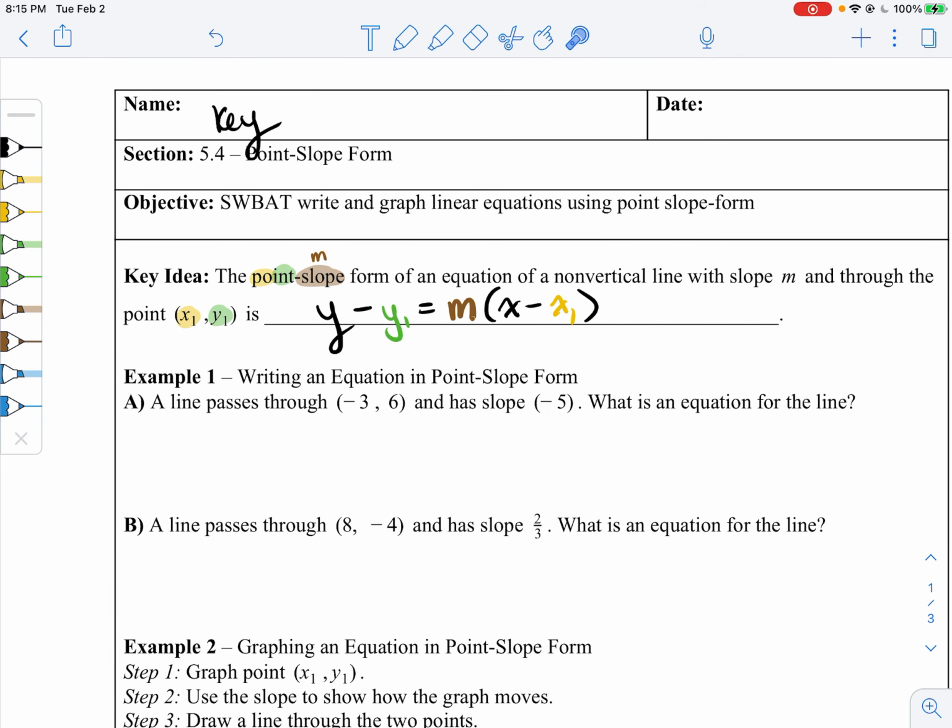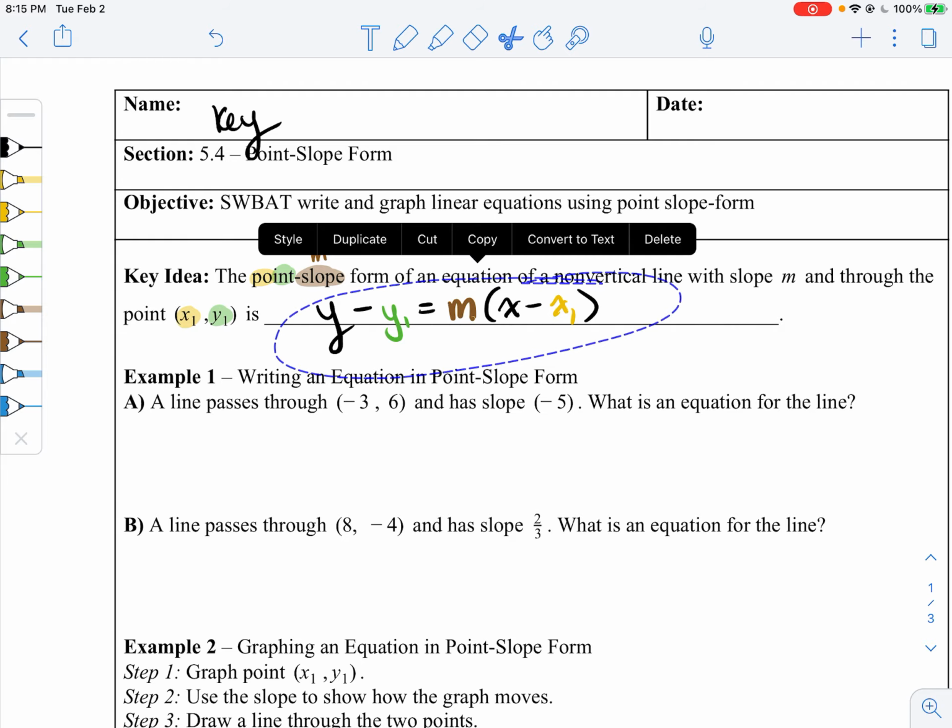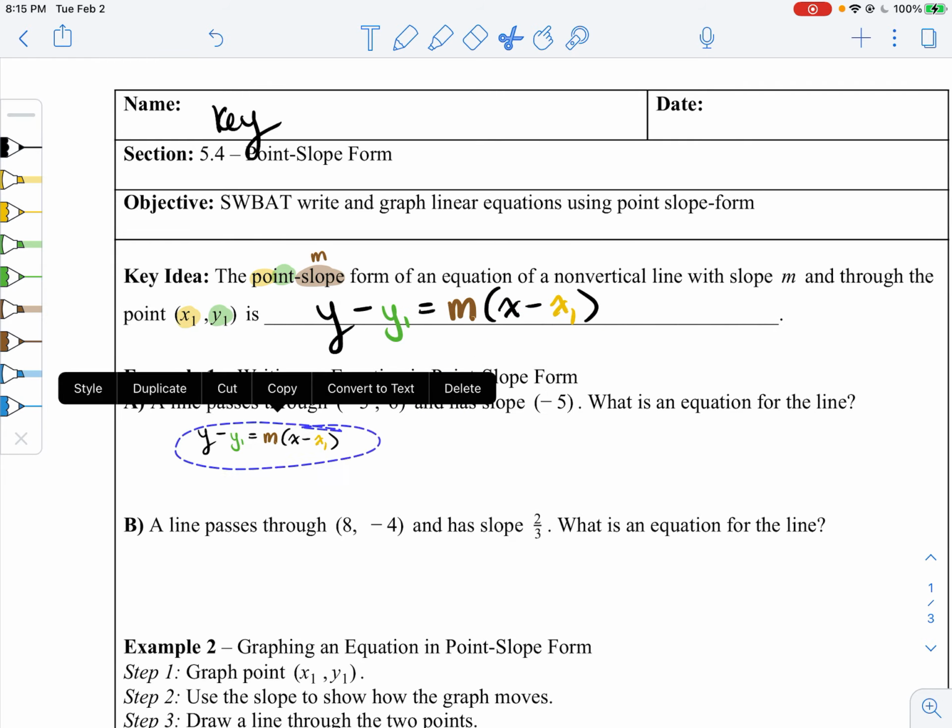And that's what point-slope form looks like. Love it? Memorize it? Let's put it to good use.